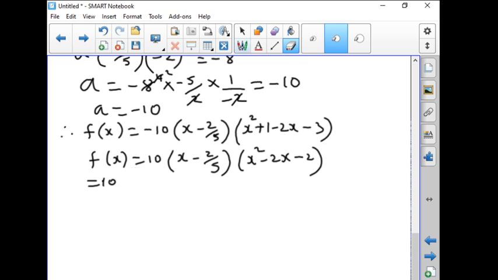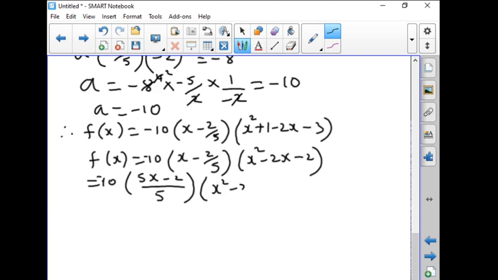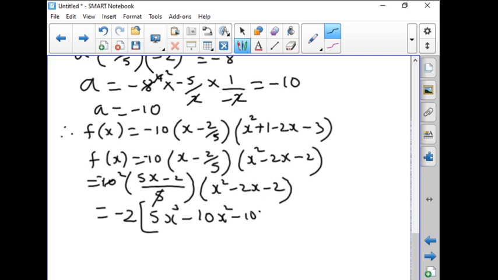That is, take LCM in this term. Here we have minus, I have left the minus. Okay, so 5 is the LCM. So we get 5x minus 2 into x square minus 2x minus 2. So 5 goes here 2 times. So we get minus 2 into, now multiply 5x cube minus 10x square minus 10x.